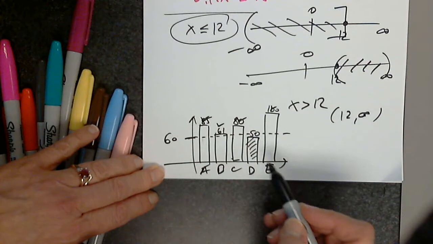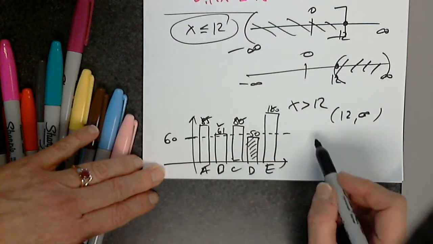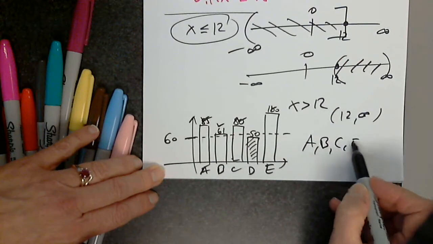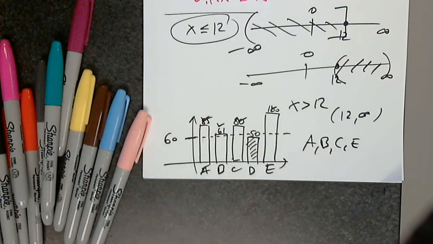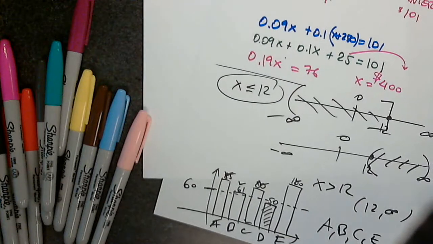This one is not above the line. So in this case, A, B, C, and E have more than that. Is that okay? Good. Other questions for me before we look at chapter 3?